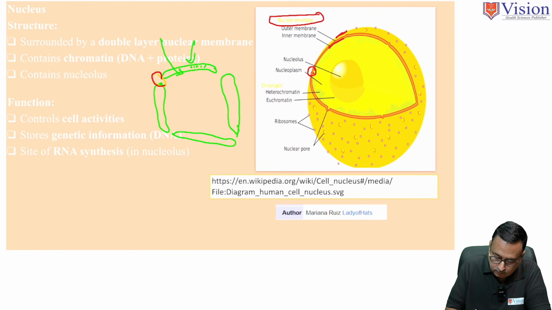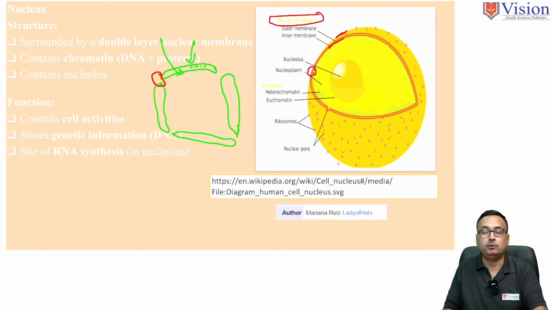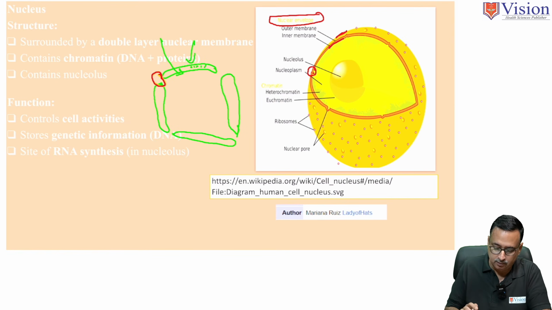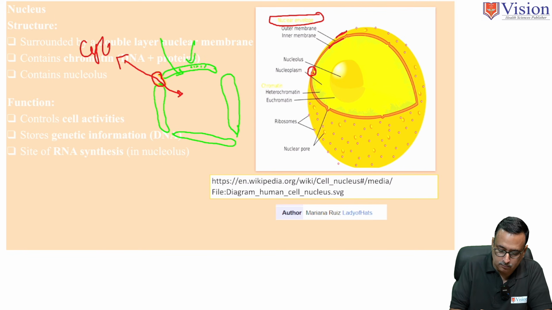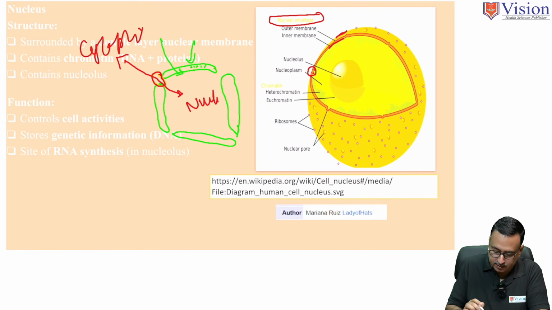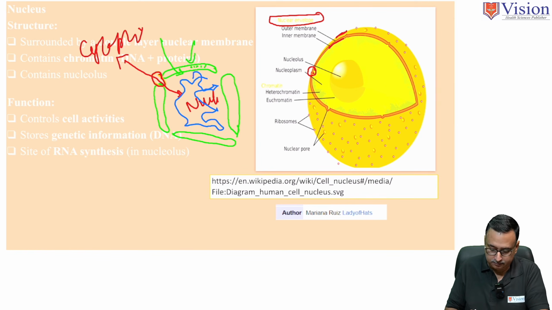Nuclear pore is where the nuclear membrane separates. So this is the site for transport of material from the cytoplasm to the nucleus and outside. And inside this lies the chromatin material. This is chromatin material.